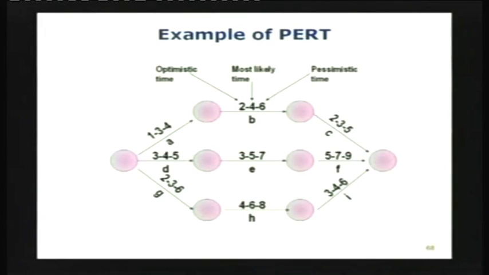Just take a look at this part here. I've got tasks here, this is activity on arc. I've got activity A, then B, then C on the top path. Then the middle chain has D, E, and F. And then I've got G, H, and I.